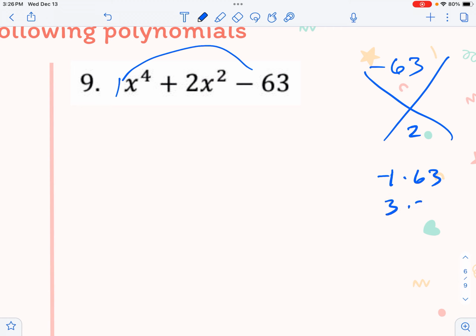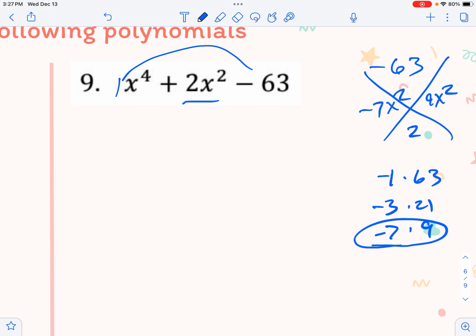What do we got? 3 and 21, that doesn't work. How about 6... 7 times 9, sorry. Getting all mixed up. They add up to 2. So this is my negative 7. Usually it's x, but now it's x squared they're adding up to.